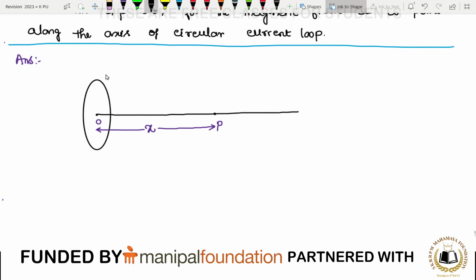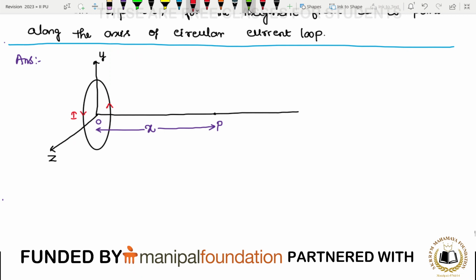So this is the x-axis, this is the y-axis and here comes the z-axis. And this loop carries current in the anti-clockwise direction.